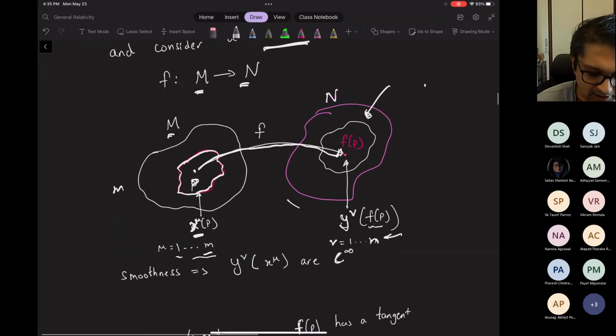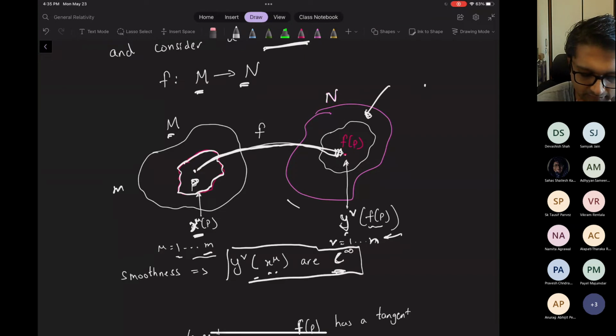Smoothness of this map f just means that these functions y^ν as a function of the x^μ are C-infinity functions. This is true for every coordinate chart that you can impose on M and N.